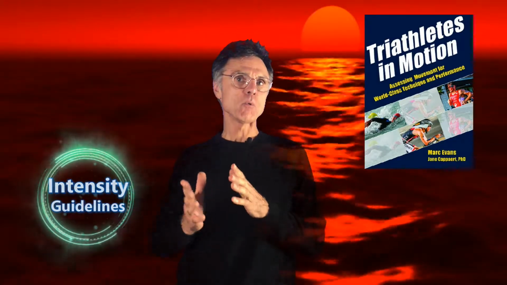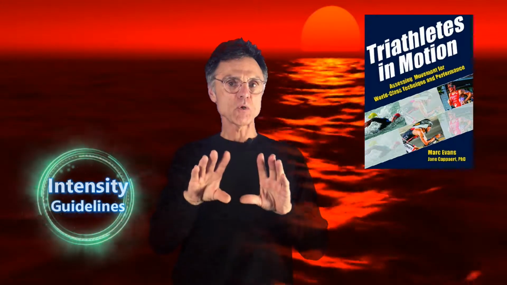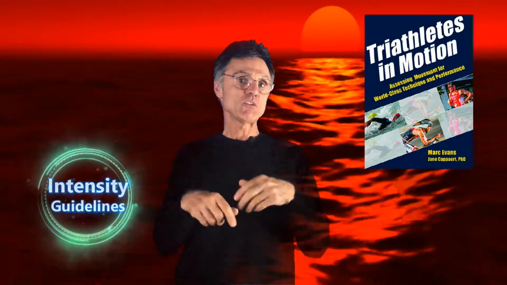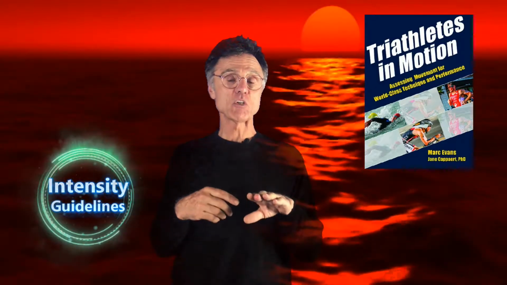Table 2.1 are, again, basically intensity guidelines or principles of how to structure workouts in relationship to heart rate, perceived exertion, the characteristics that you're looking for in the workout.